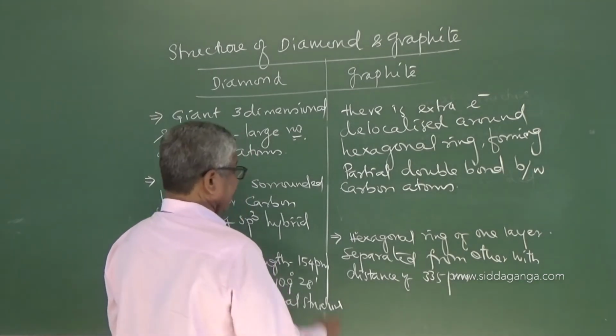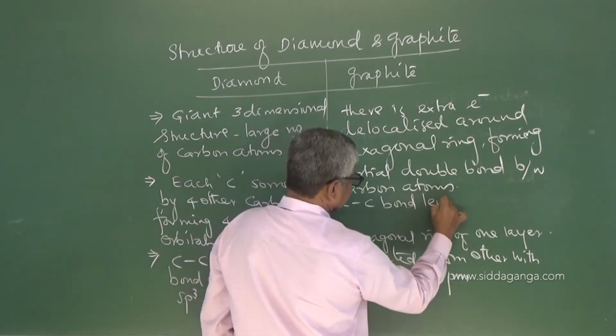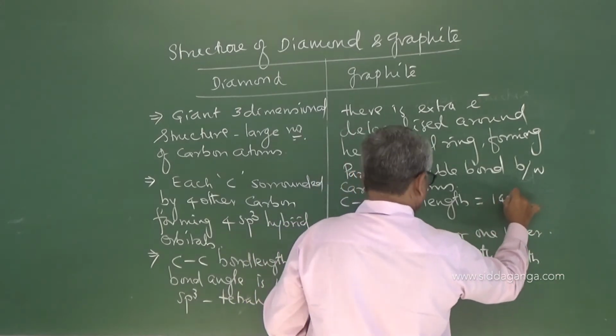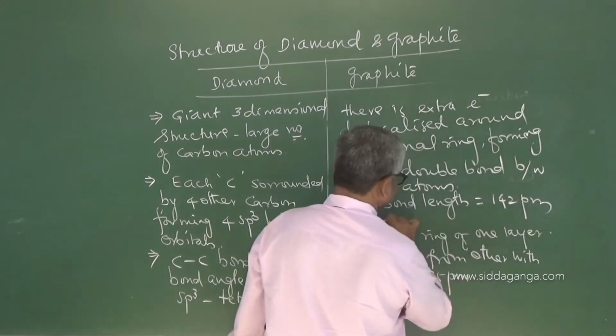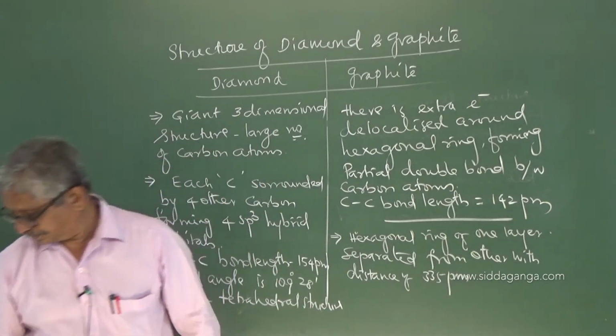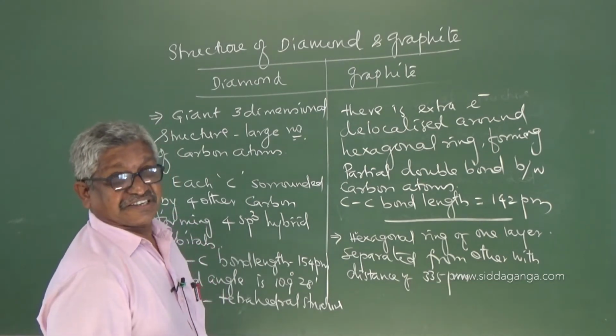The carbon-carbon bond length is 142 picometers. So this is the structure of diamond and graphite.